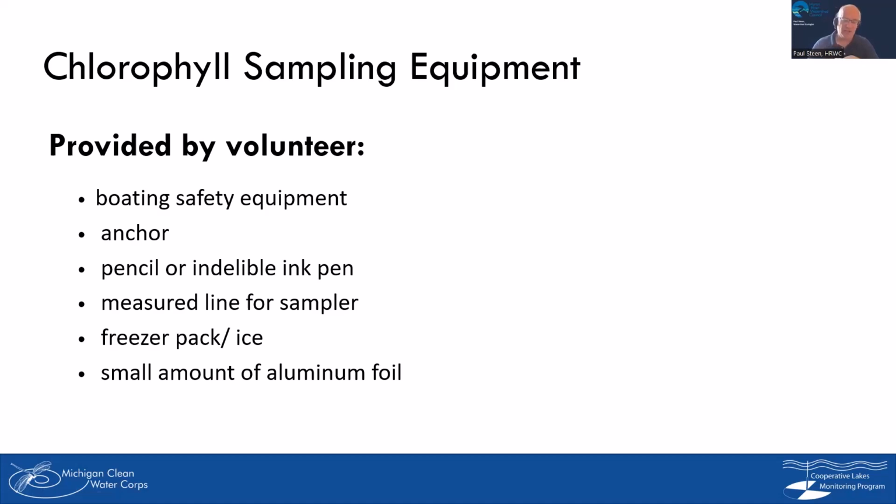It can just be a standard nylon rope that you use for other boating uses, and you measure ahead of time every foot, depending on the depth of your lake, it might be 40, 50 feet. And so that's ready to go, and it's attached to your sampler. You'll also want a freezer pack with ice, because we always put things on ice after we take the sample. And then in the lab, your kitchen, you will need a small amount of aluminum foil, which we'll show you why as we keep going.